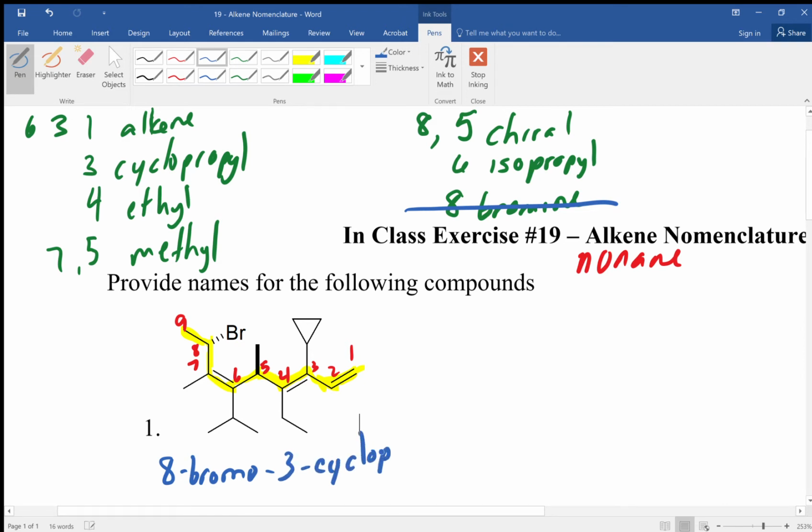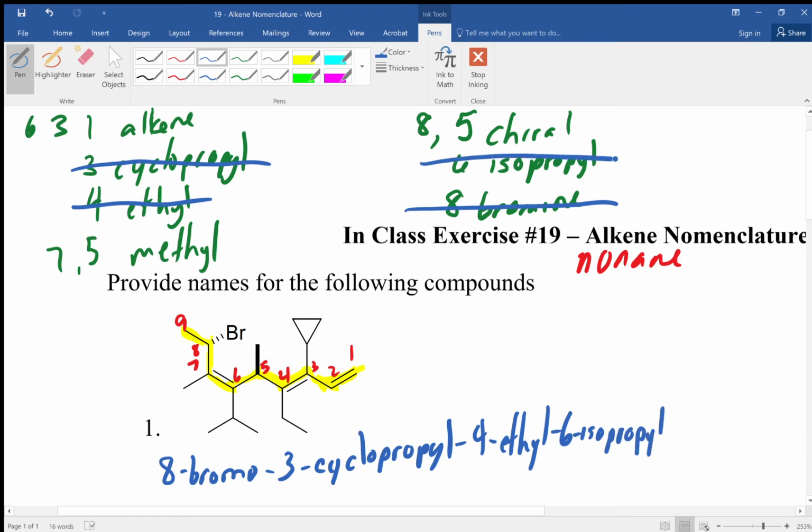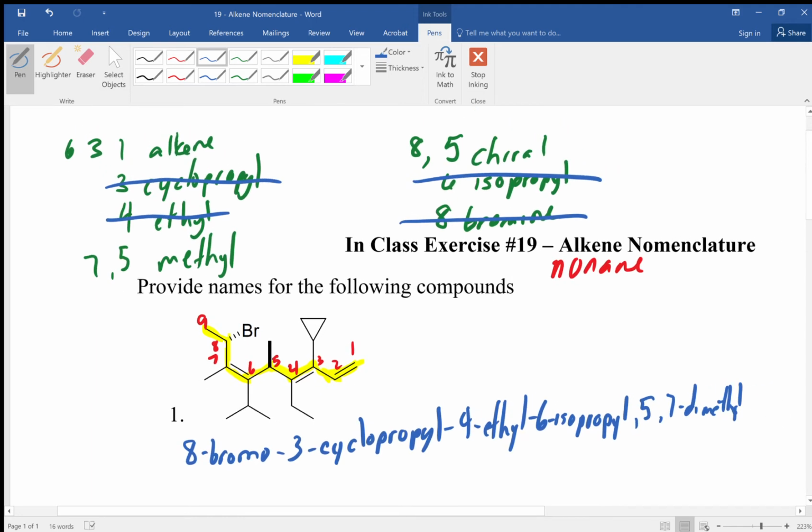The term cyclo is not a numerical prefix. It's part of the name of what that group is. So that gets alphabetized under C. Then we have 4-ethyl, 6-isopropyl, and 5,7-dimethyl. So that's completed our substituents.